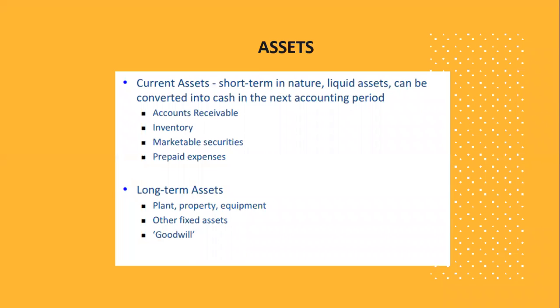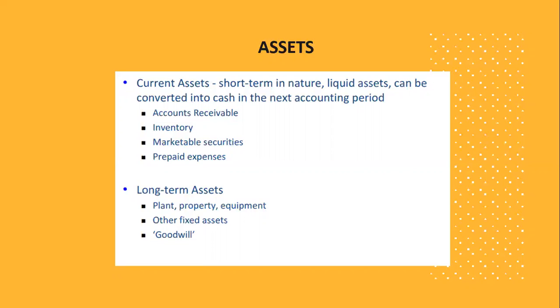Okay, now I'm going to dive just a little bit deeper into these categories. In assets, as I mentioned, there is a current assets category, and there's a long-term assets category. Current assets are short-term in nature. They're liquid assets, and they can be converted to cash in the next accounting period.